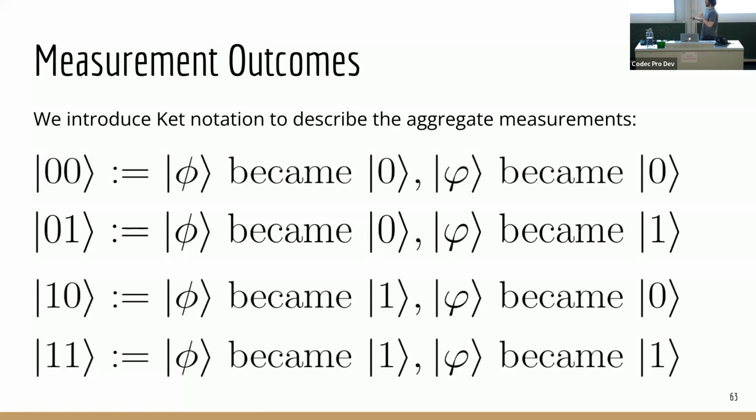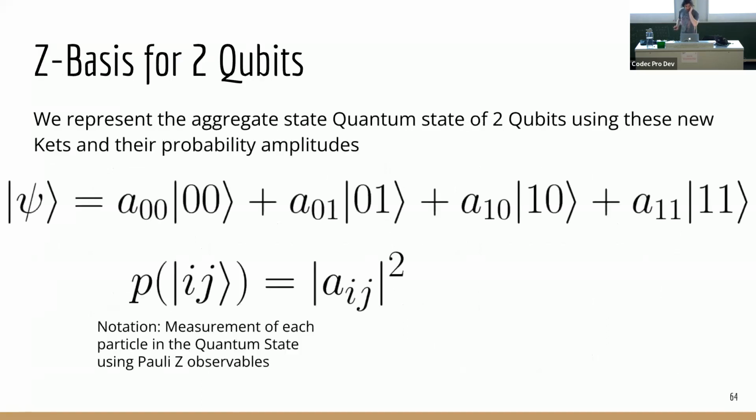And likewise, we have these 2-digit ket notations. The first digit will always describe the outcome of the first qubit measurement, and the second digit will always describe the outcome of the second qubit measurement. What this leads us to is a way to describe a 2-qubit system in a Z basis still.